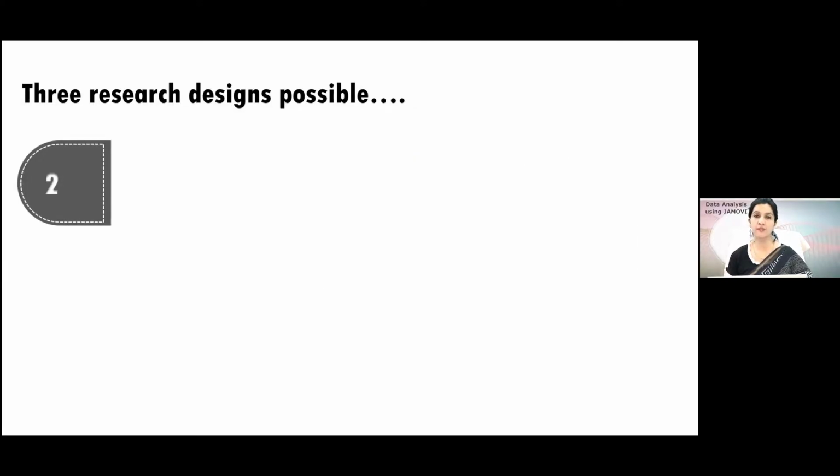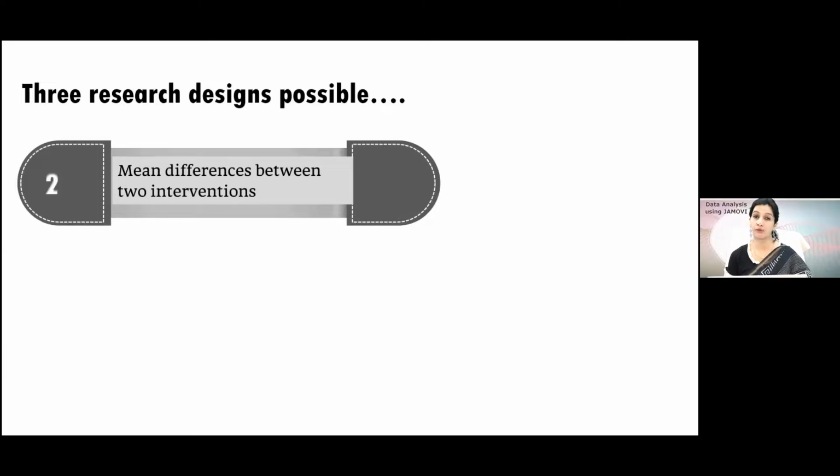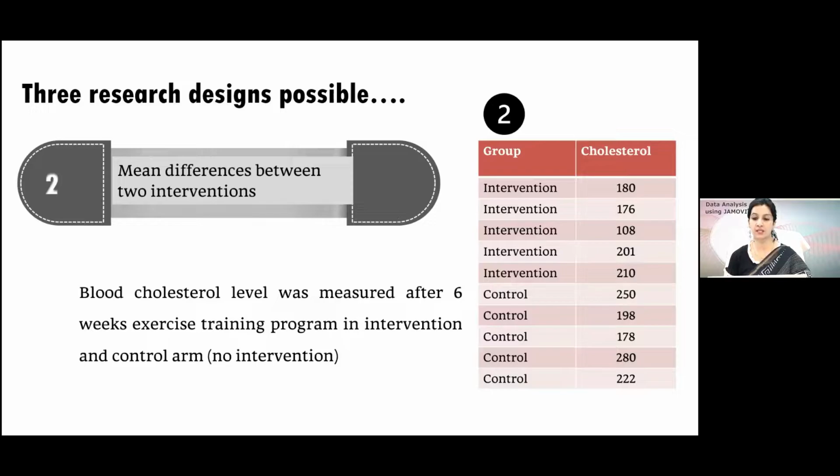The second type of research design could be: I want to see the mean differences between two interventions. In that case, you can see this group has been categorized as intervention and control. The intervention has some cholesterol level and the control has some cholesterol level.